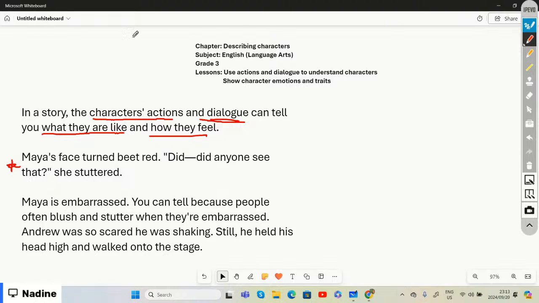Here it says Maya's face turned beet red. Did anyone see that? She stuttered. And that means that Maya is embarrassed. You can tell because people often blush and stutter when they are embarrassed. So in this case, the person is embarrassed, not just because the face turns beet red, but because of the stuttering part.